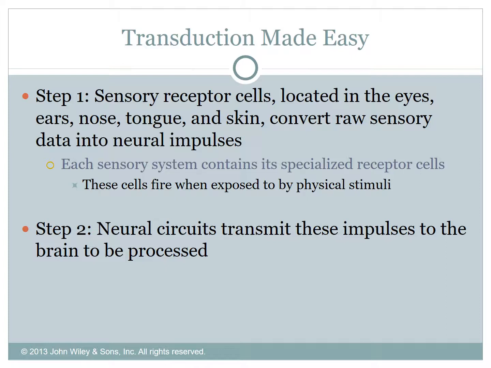When those cells are exposed to that sensory information, they send a signal to the neurons that are attached to them, and then those neurons transmit those impulses to the brain to be processed. That's all transduction is, and that's the limit of the process of sensation. But because it's so specialized, we almost have to look at each of the sensory nerves individually to see how they work.